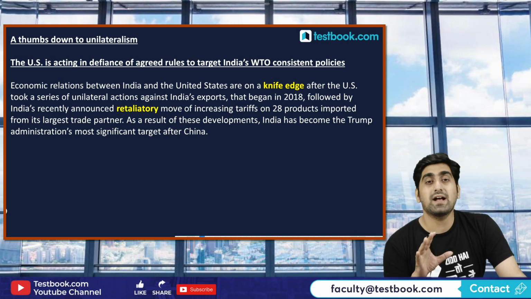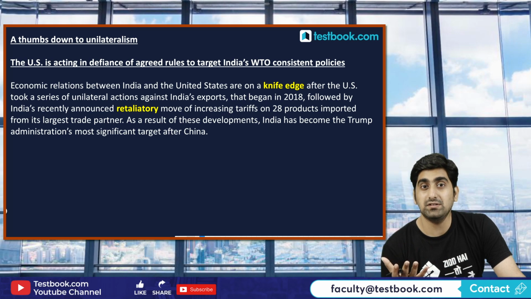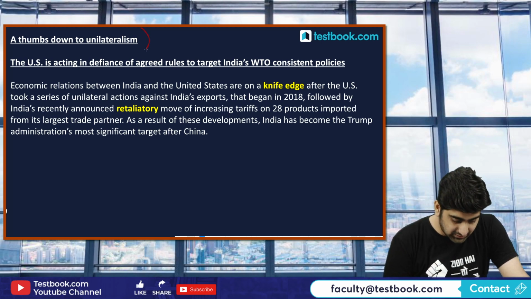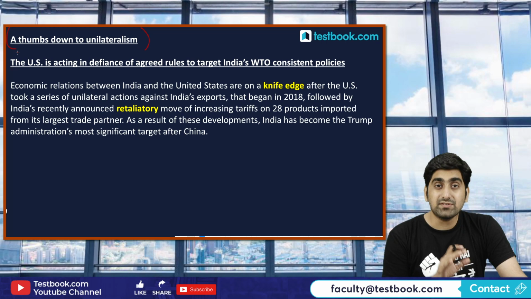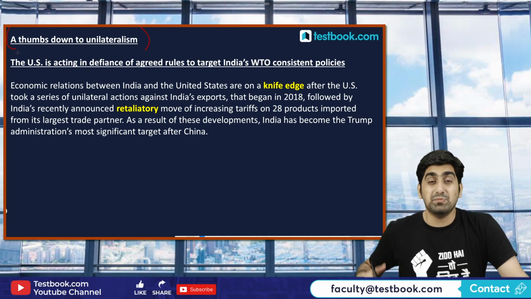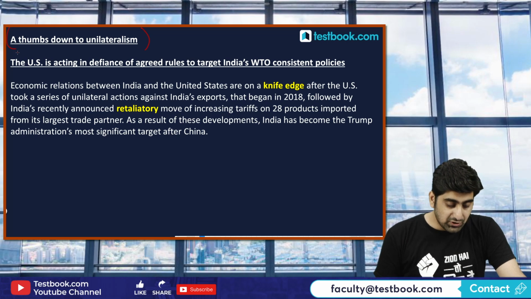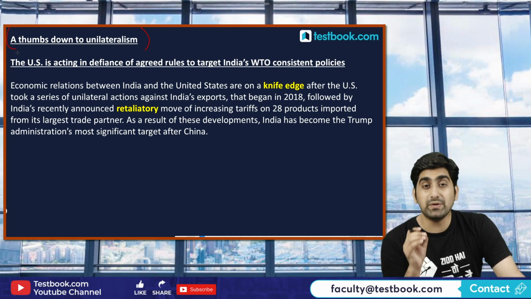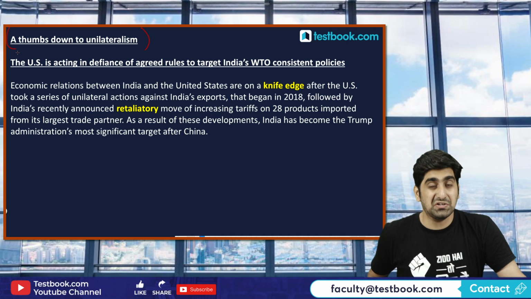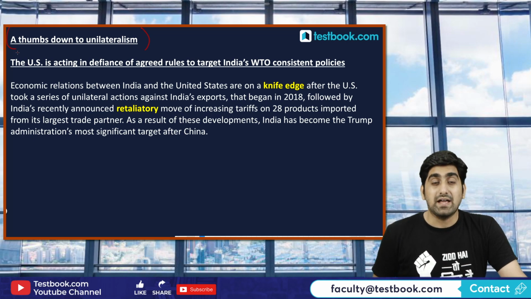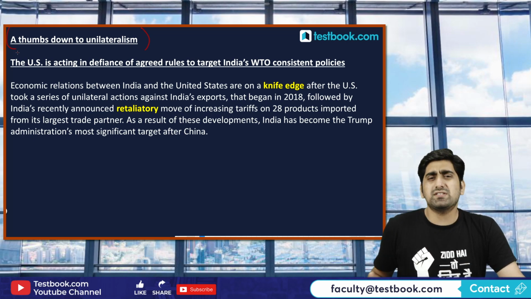So what is actually the theme? We will have this in the headline, the first headline of the editorial, you may say as a title. It was a thumbs down to unilateralism. So the very important terminology here, right, is unilateralism. What does it basically mean?